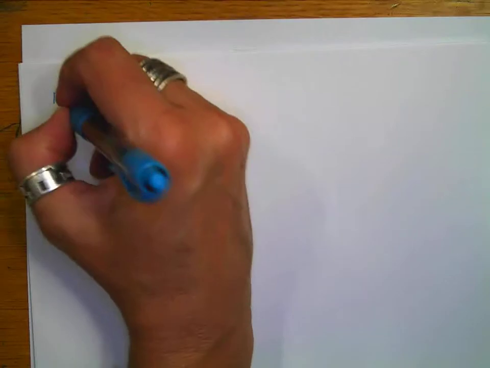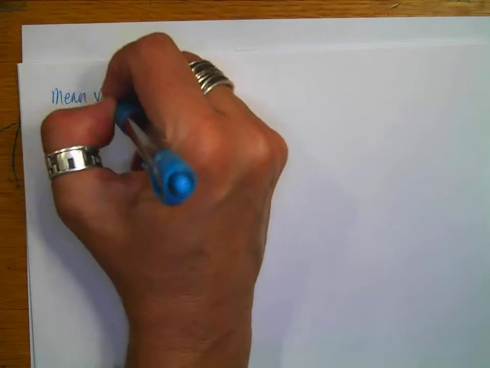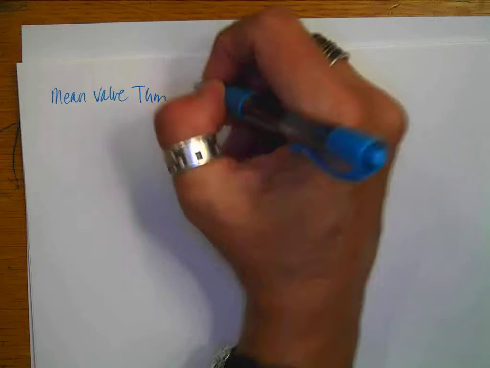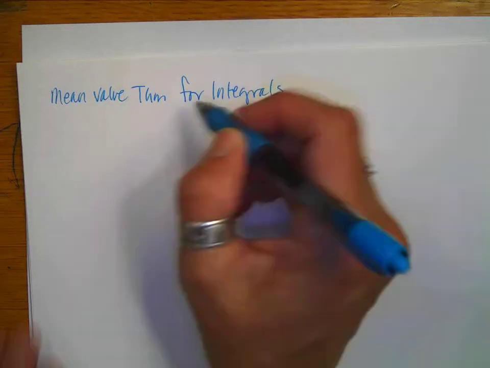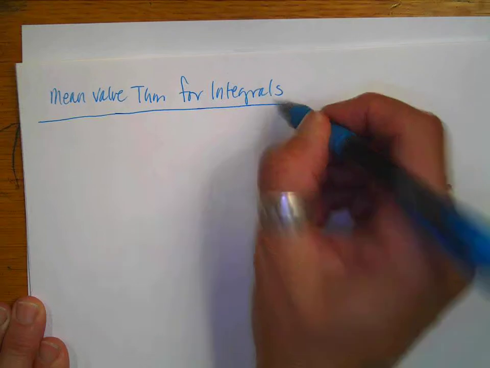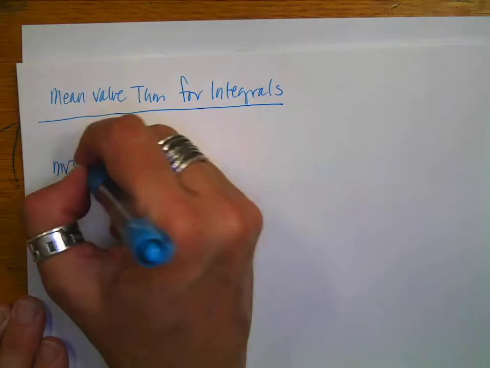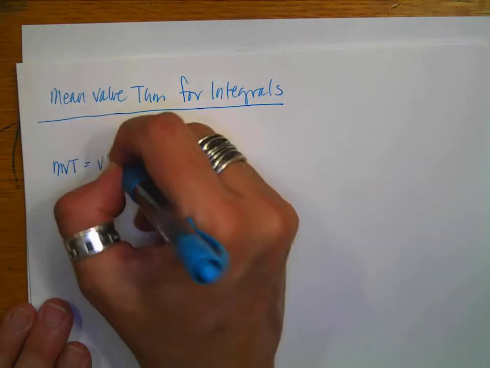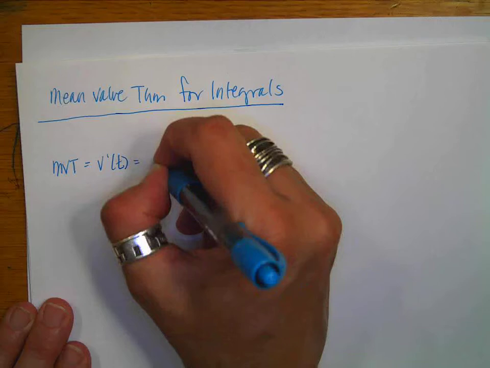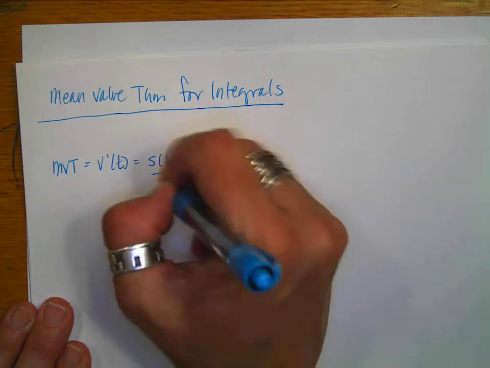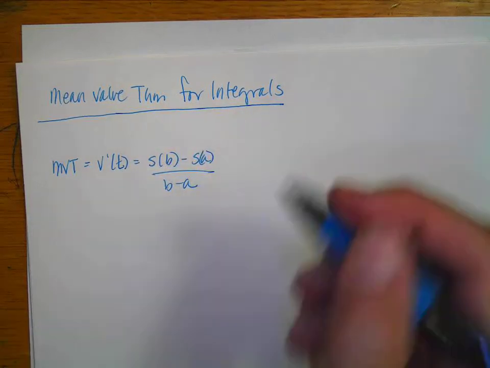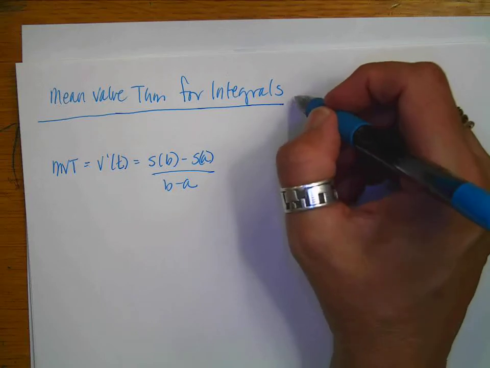All right, the next concept that we want to talk about is the mean value theorem for integrals. And if you'll remember, the mean value theorem for derivatives, the MVT for derivatives, says that v prime of t is equal to s of b minus s of a over b minus a.